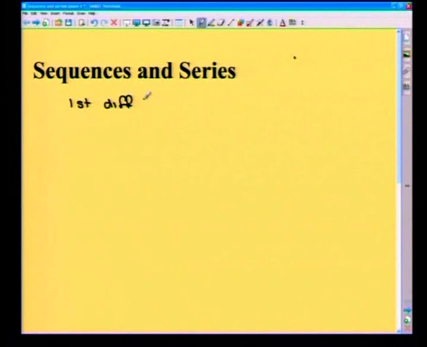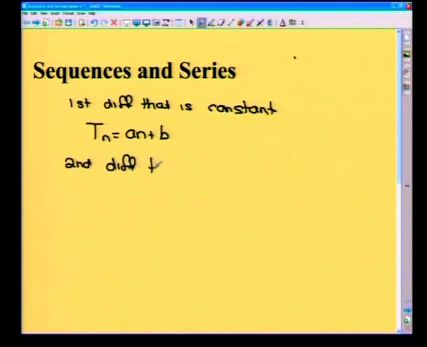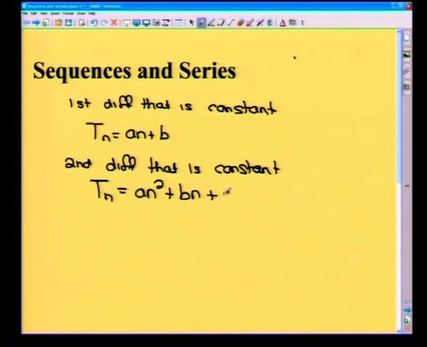At this stage in grade 11, we have learned that we have a first difference that's constant, and we used to work out the formula using Tn as An plus B. And we have what we call a second difference that is constant. And we would work out the formula to generate the terms as Tn is An squared plus Bn plus C.